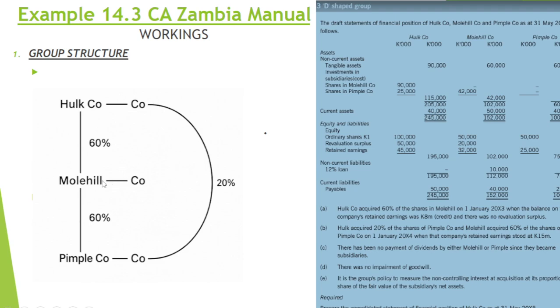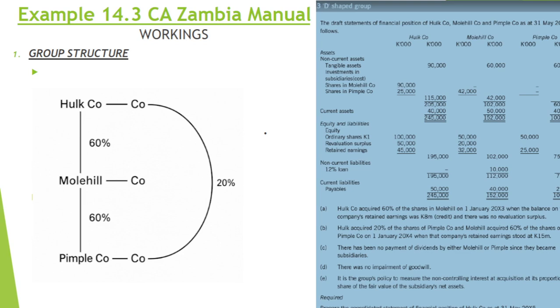This is why it is called the D-shaped group structure of consolidation, because it forms something like a capital letter D, the way it's written. That's why it is given the name D-shaped group of companies.